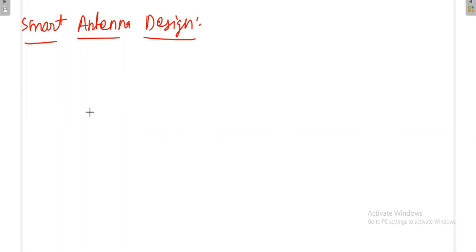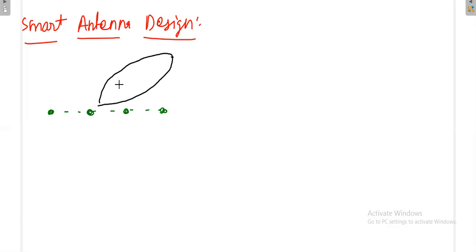Say for example, if I am having a conductor like this, this is my array axis. If I am here, I need maximum radiation here. I want a beam like this. In the previous cases, we concentrated the beam either along the axis or exactly perpendicular to the axis of the array.